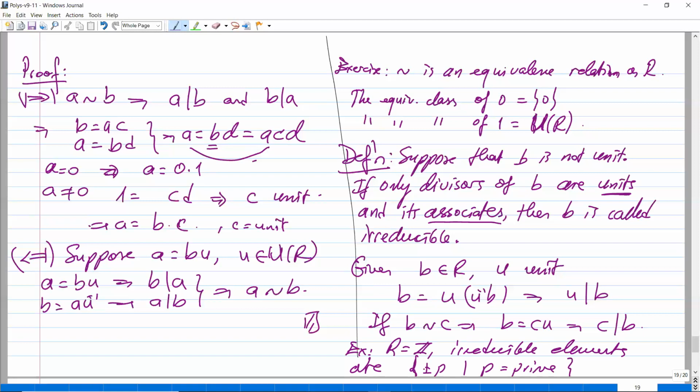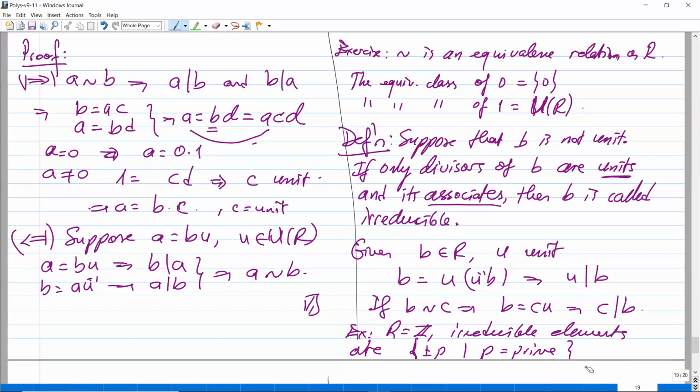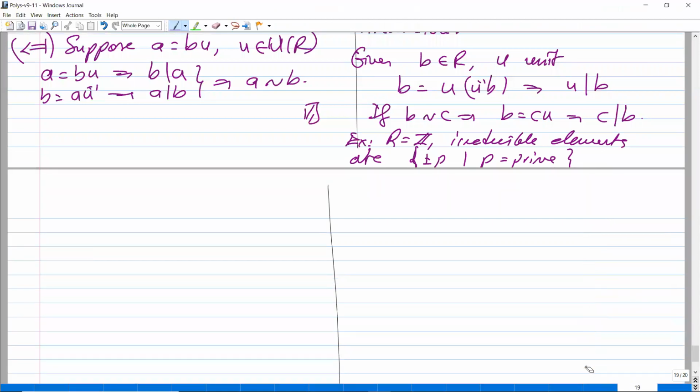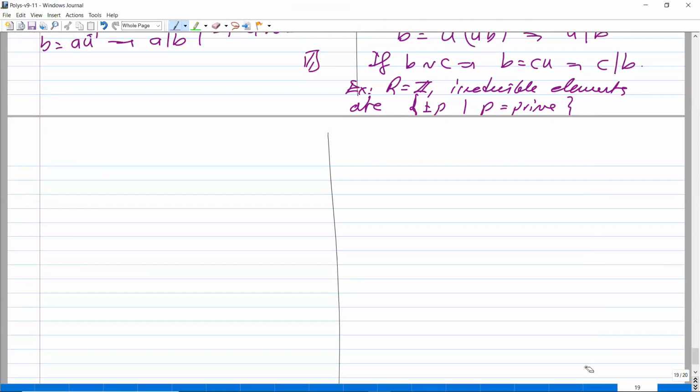These are irreducibles. 0 is not a unit. Only prime numbers. Why do I write irreducible like that?